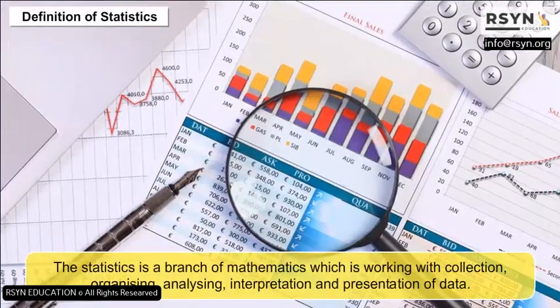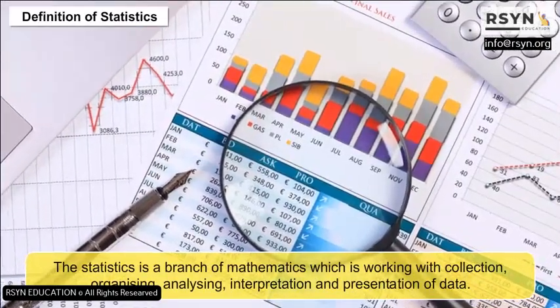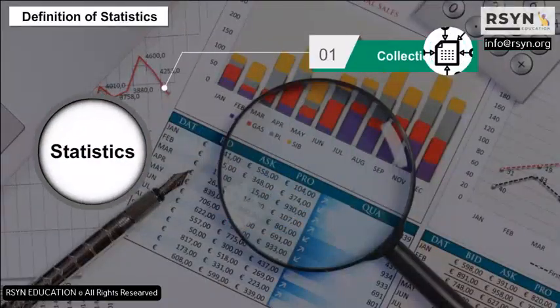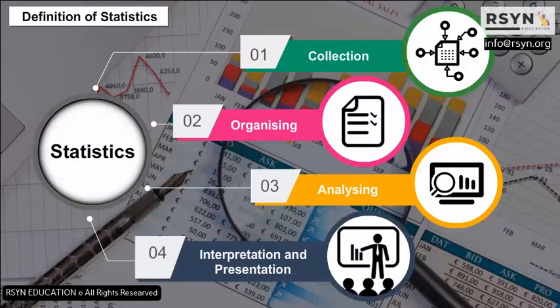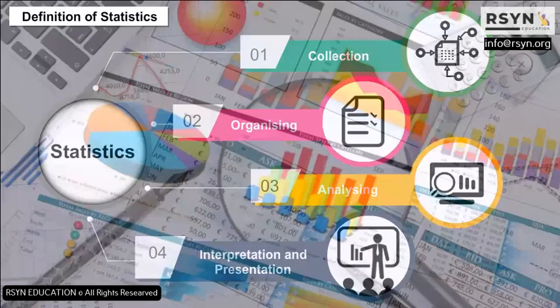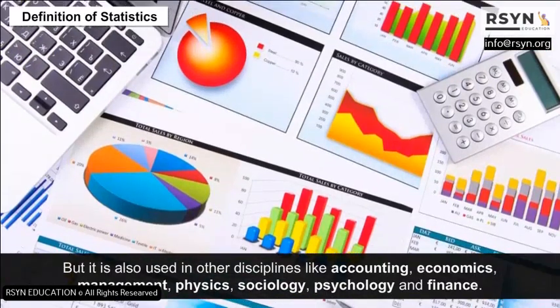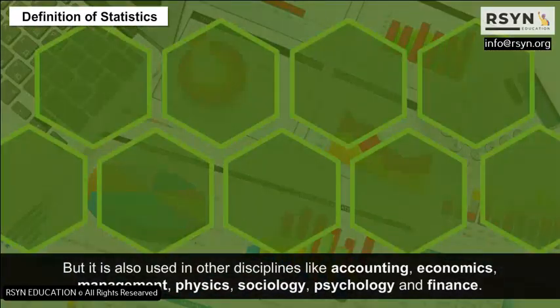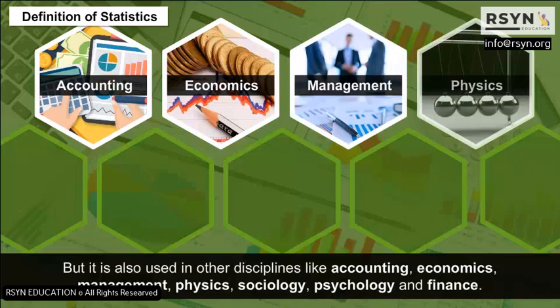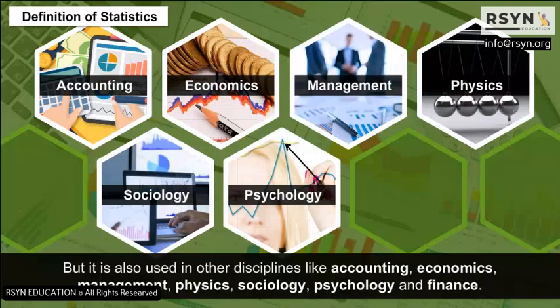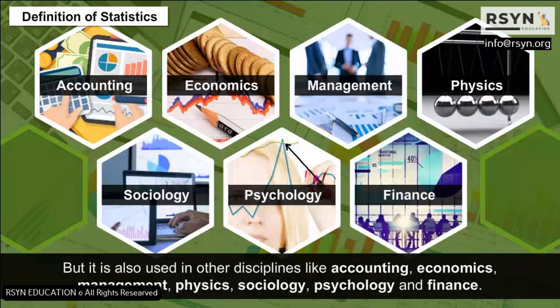Statistics is a branch of mathematics which works with collection, organizing, analyzing, interpretation, and presentation of data. But it is also used in other disciplines like accounting, economics, management, physics, sociology, psychology, and finance.